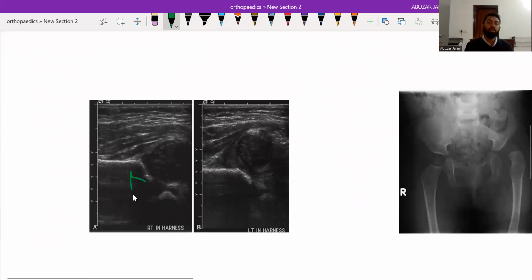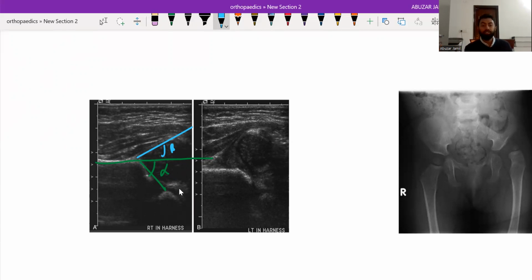So this is a USG of a normal hip, and you can see the alpha and beta angle. This is the baseline of ilium. This is the alpha angle, and this is the beta angle, that is making an angle between the baseline of ilium and the cartilaginous roof of acetabulum. But this is the affected hip, the left hip, in which the dysplasia is present.